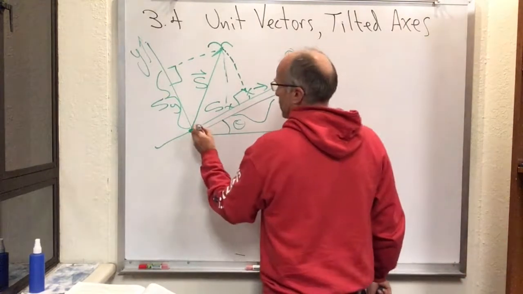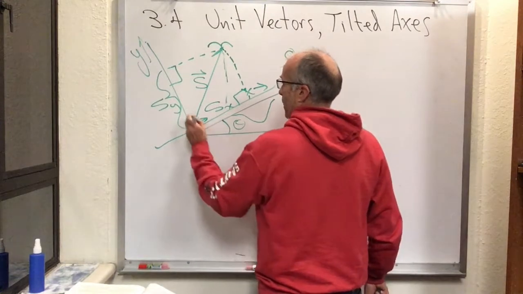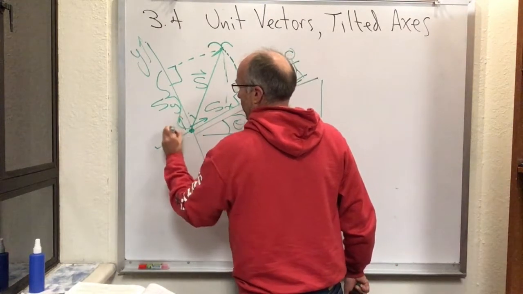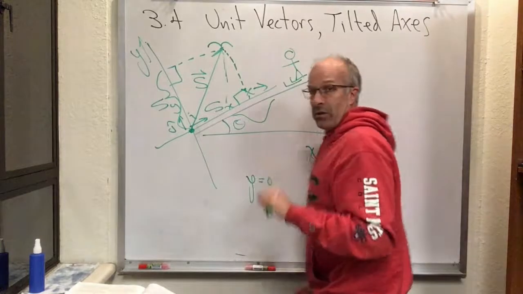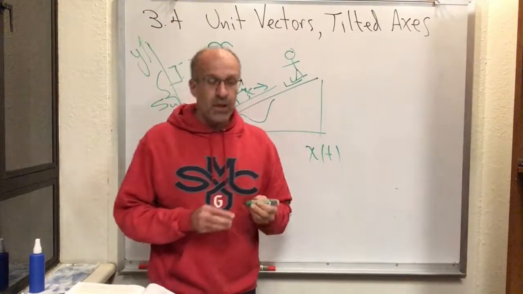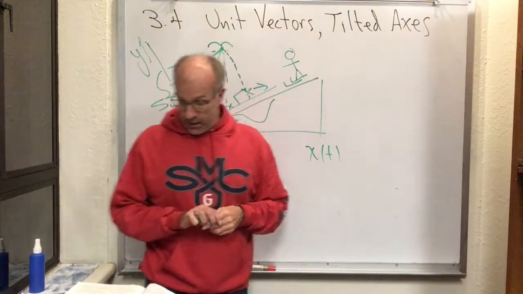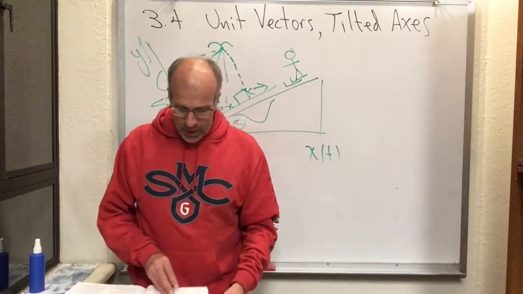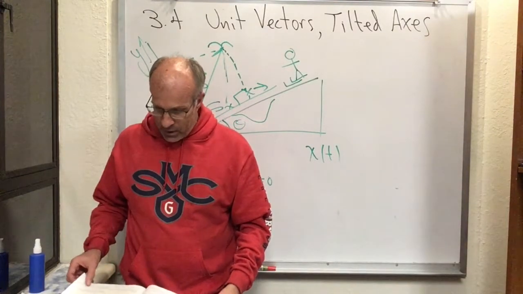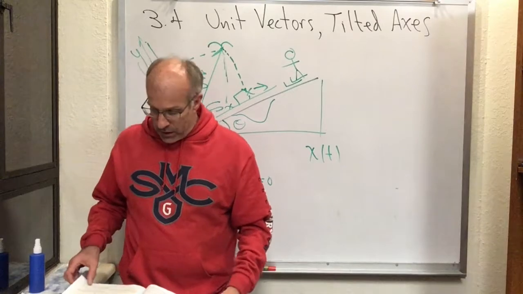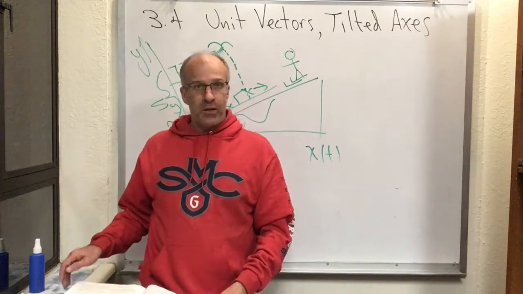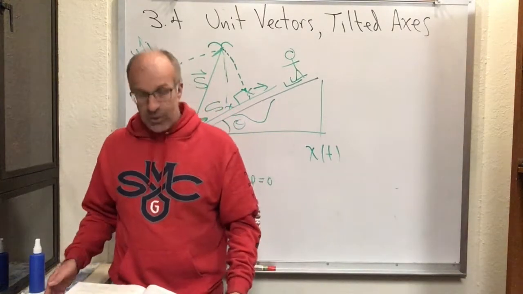And in this coordinate system, i hat points that way, and j hat points that way. So those are the rules for how to deal with tilted axes. It can actually get fairly complicated to deal with tilted axes, but it's convenient and important, and we'll practice it, and hopefully you'll get good at it. That's the end of chapter 3.